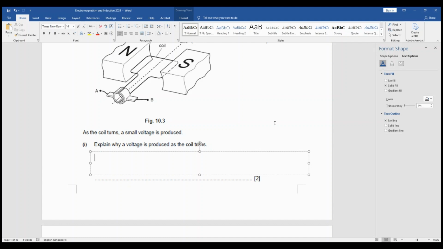Explain why a voltage is produced as the coil turns. We talk about electromagnetic induction.